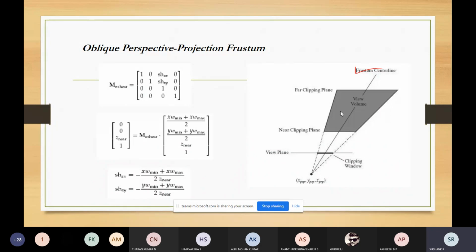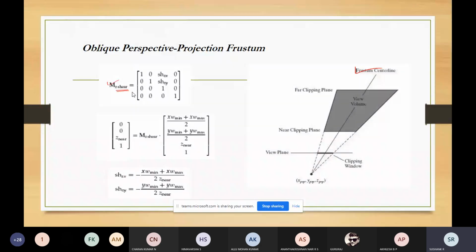This oblique perspective projection frustum can be converted into the symmetric frustum by applying the shear transformation along the z-axis. The one given is a general appearance of an oblique perspective projection view volume.